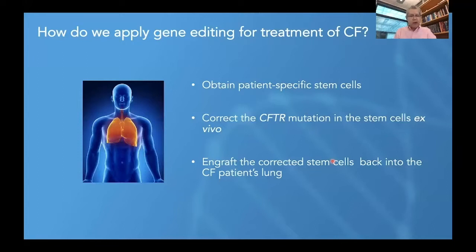One can also imagine, rather than using directly the primary airway stem cells, to otherwise generate induced pluripotent stem cells, iPSCs, from the individual, correct those iPSCs, and then similarly derive these airway stem cells that can be used in transplantation.